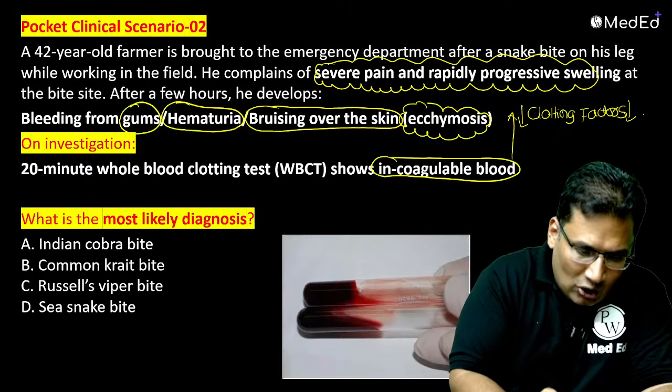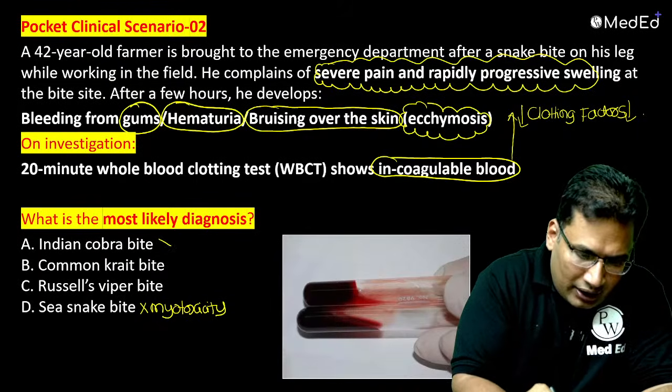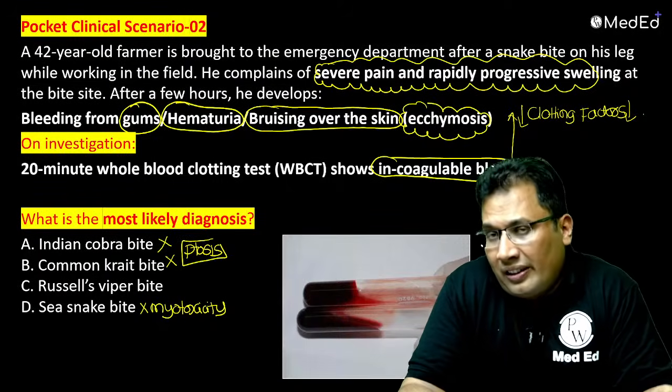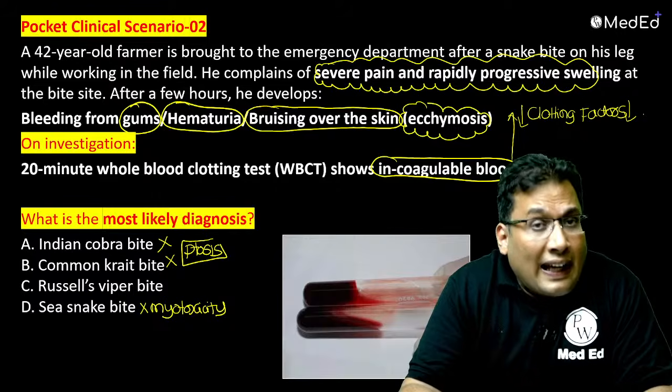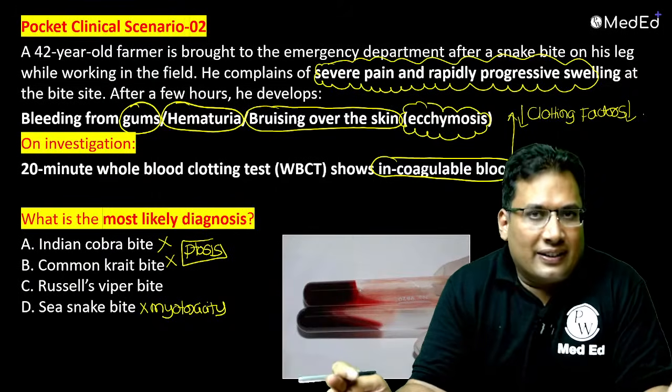Sea snake commonly presents with myotoxicity. Not the answer. Indian cobra and common krait present with ptosis or respiratory difficulty, broken neck sign, ptosis, dysphagia, dysarthria, all these are features.